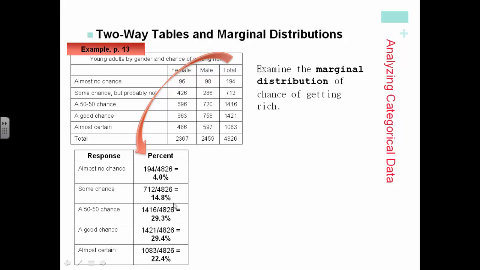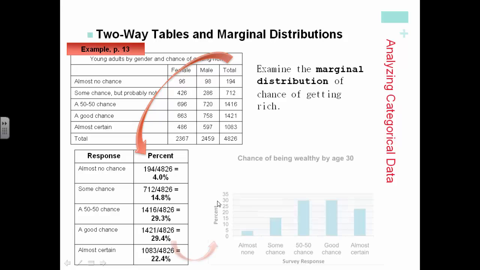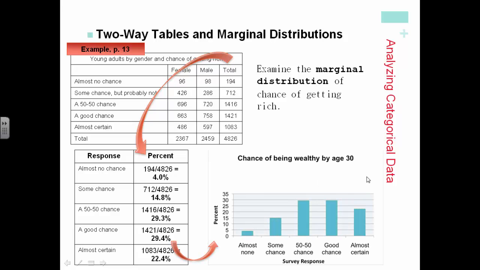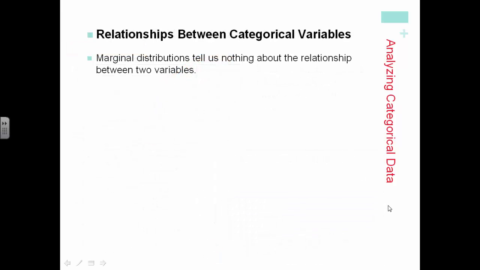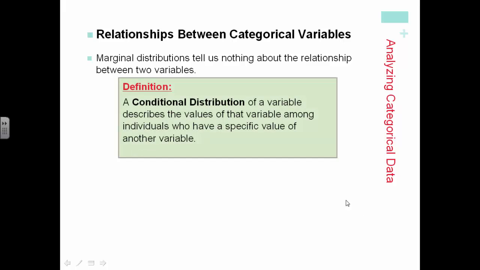If we do that for each one of them, we can then create a graph representing the percentages. Each of the categories is down below, and the percentage for each one is listed in the bar graph, along with a title. Marginal distributions tell us nothing about the relationship between variables.